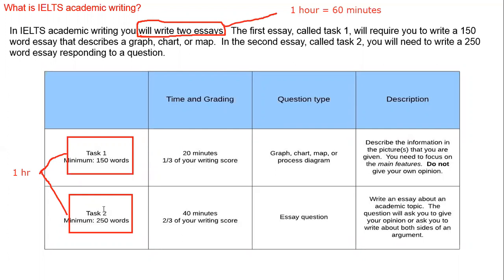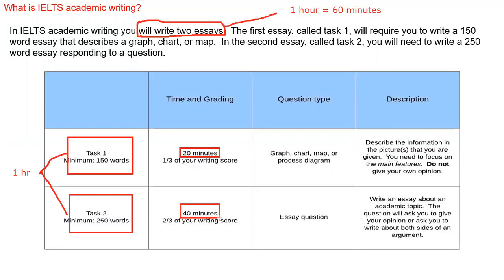For the first task, you will spend how much time? You will spend 20 minutes on the first task. You will divide your time of 1 hour over both tasks: 20 minutes for task 1, and 40 minutes for task 2, clear?